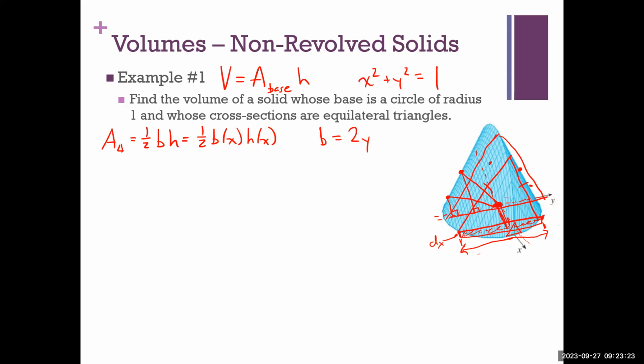Can I now use that to represent the base in terms of x? If I know the base is 2y, can I isolate y in my circle equation? So y squared equals 1 minus x squared, or y equals radical 1 minus x squared.